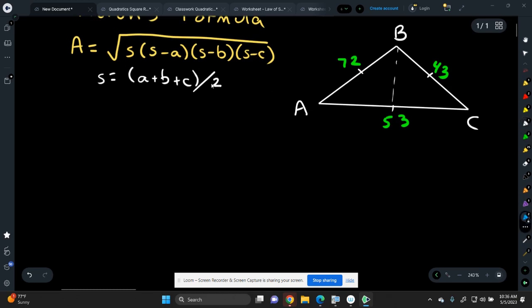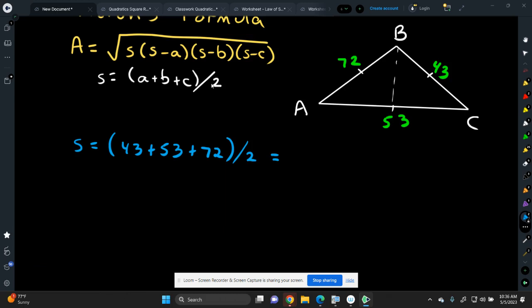We figure out what S is by adding all of the sides and dividing by 2. And I get 168 divided by 2, which means it's 84. So S is 84.